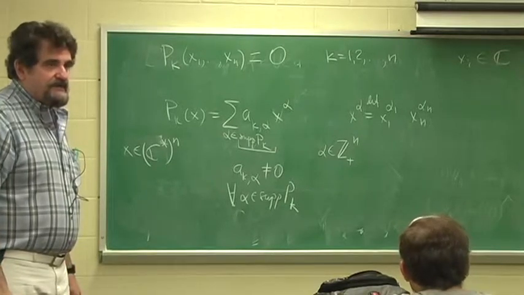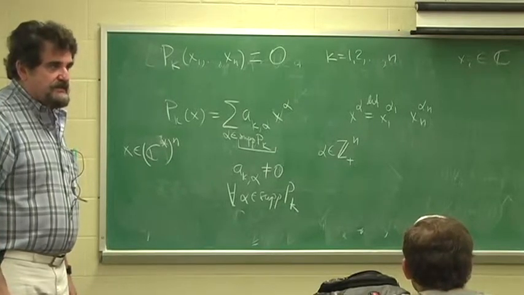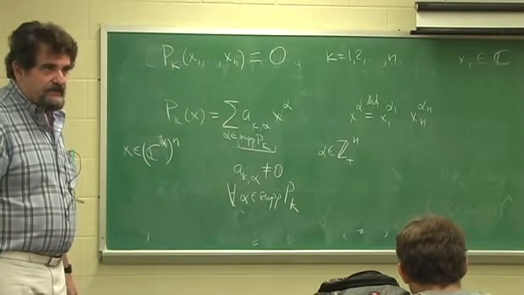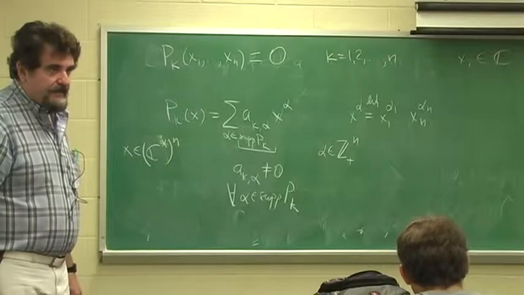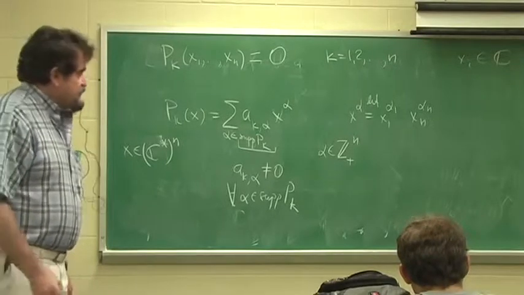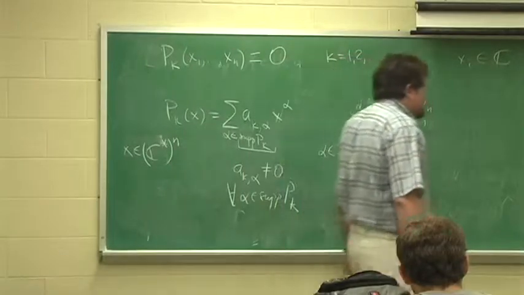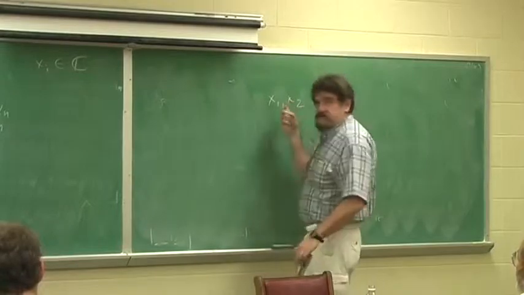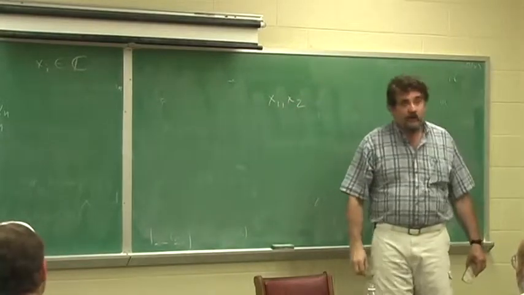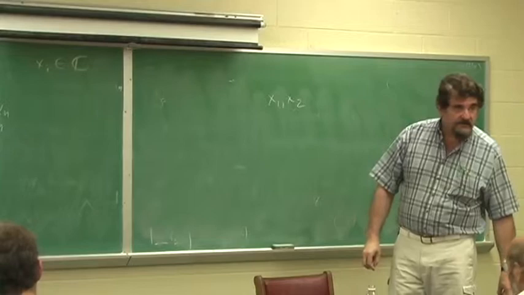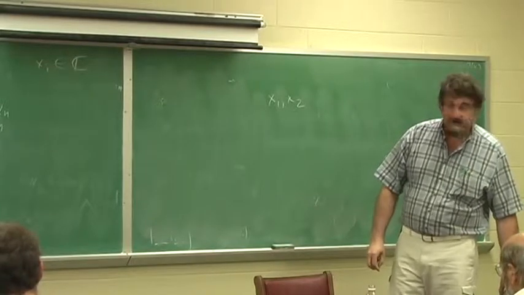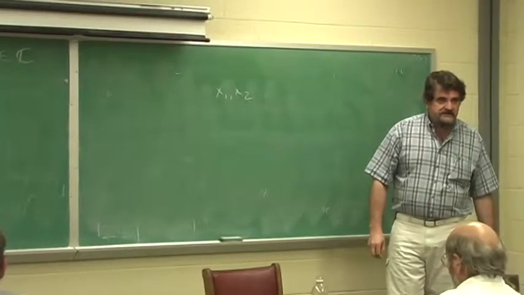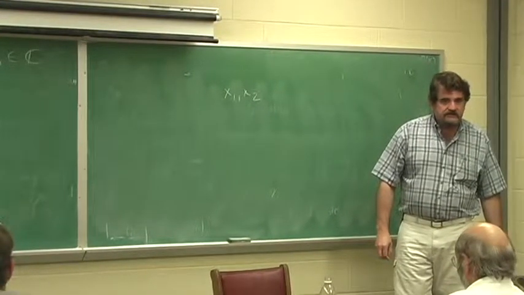So I'm looking for the number of solutions such that none of its components is 0. If I am in 2 dimensions, I have x1, x2, that means I simply do not allow x1 or x2 to be 0, and I'm trying to count the number of such solutions. The problem seems to be hopeless, and it was hopeless until 30 years ago.